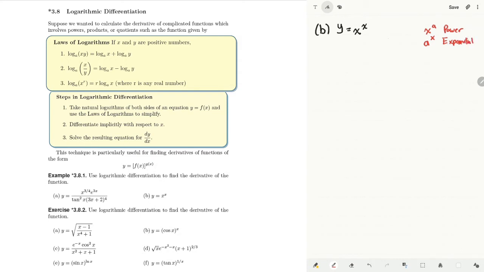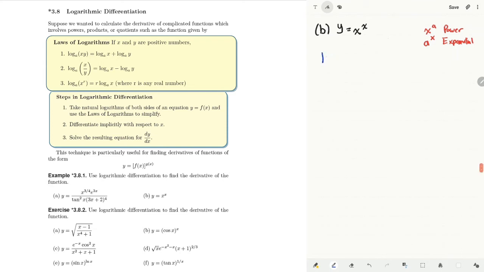And so we can't use any of the derivative rules that we have learned in order to find the derivative of x to the power of x. And so here we will use logarithmic differentiation to find dy over dx.